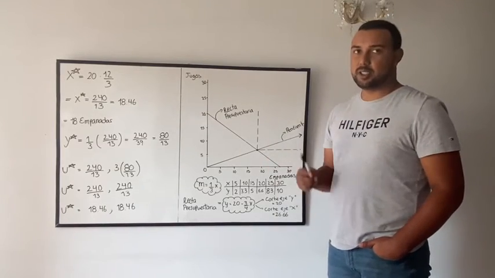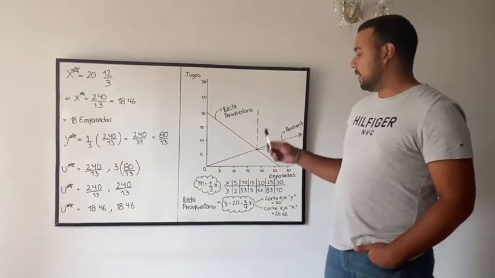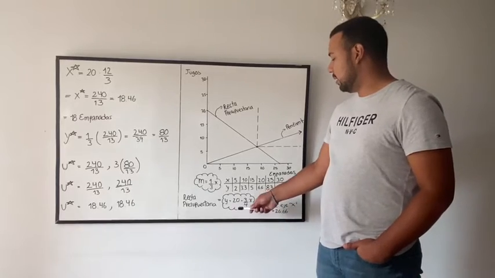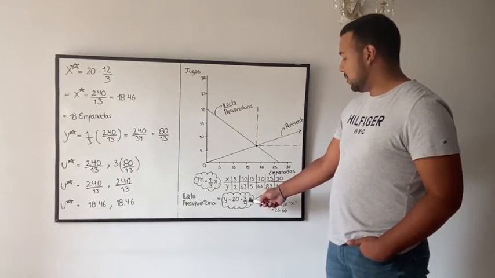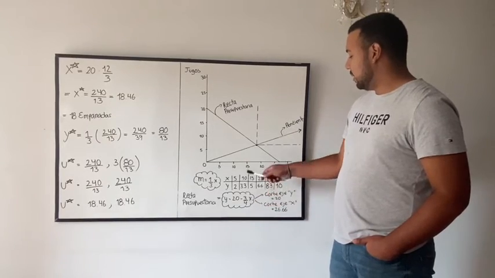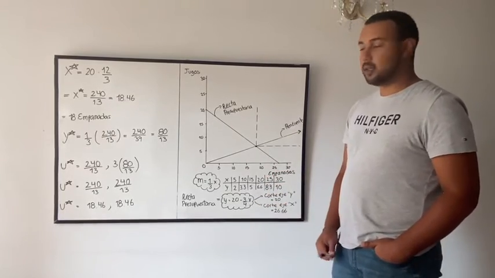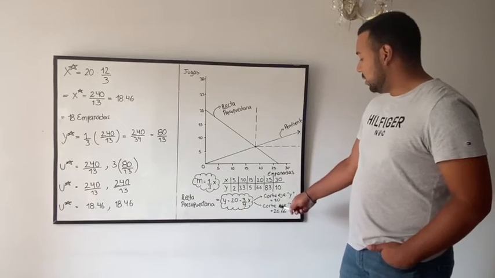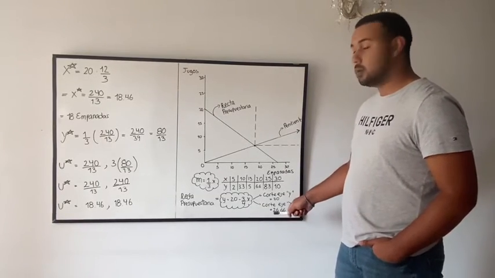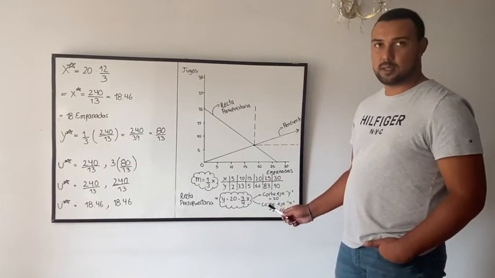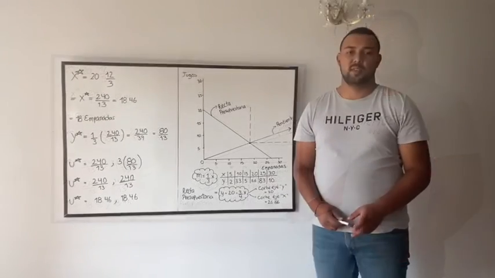Now our budget line, we find it with the formula y is equal to 20 minus 3 divided by 4 multiplied by x. So I find the intercept on the y axis is equal to 20, and the intercept on the x axis is equal to 26.66. Ready?